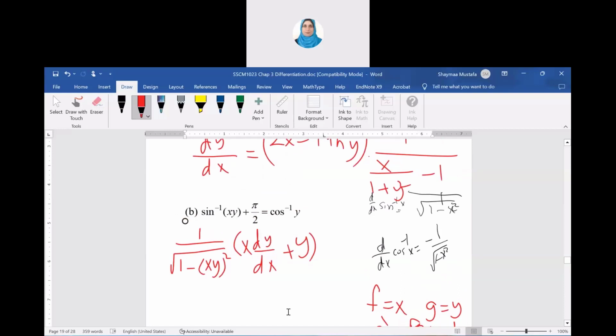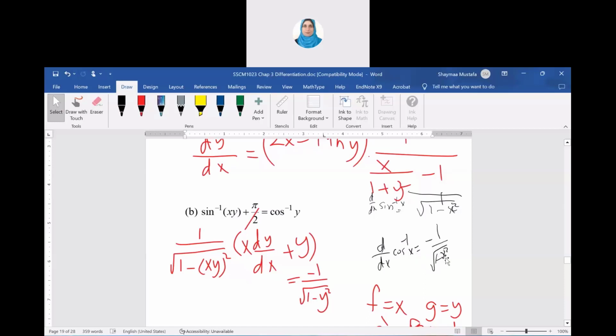Now the derivative for pi over 2, this is a constant, equal to 0. So this one cancels. The derivative for cos inverse y is minus 1 over square root 1 minus y squared. This is the derivative for cos inverse.